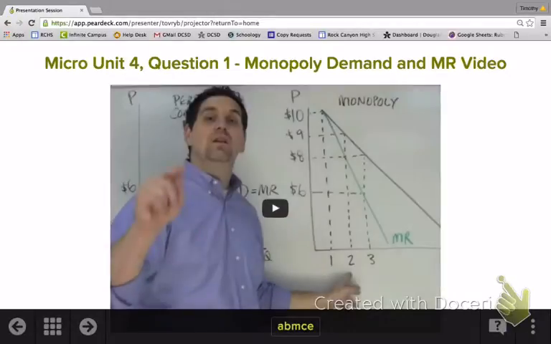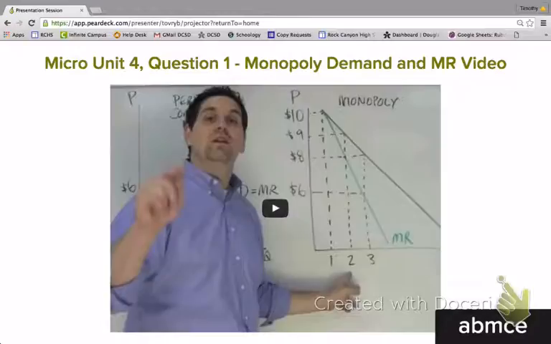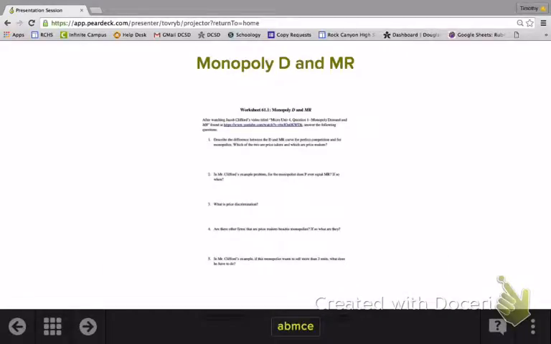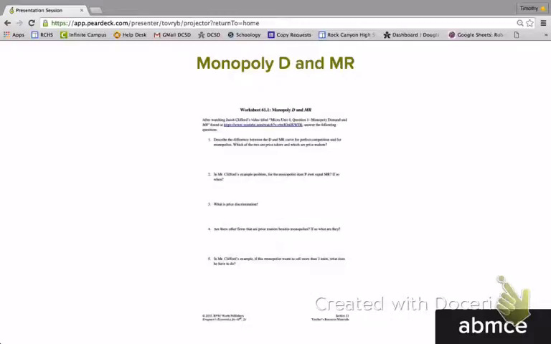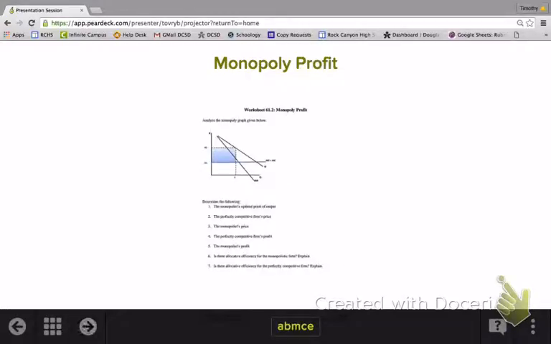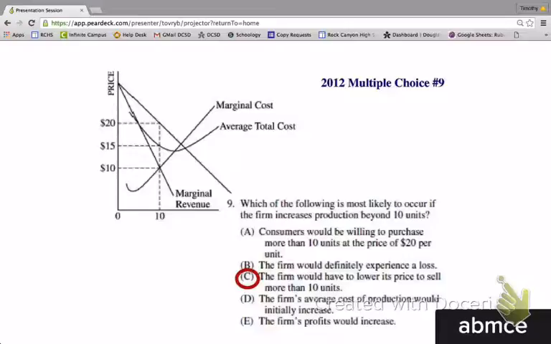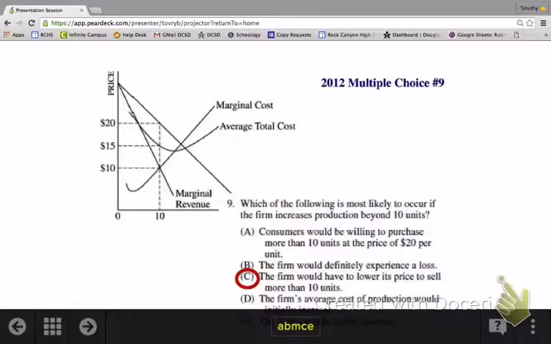Here is a practice question you can do with Mr. Clifford. It's micro unit 4, question number 1, monopoly demand and marginal revenue. Here's an activity we'll do in class on monopoly demand and marginal revenue. Here's an activity on monopoly profit. Here's a question, number 9, from the 2012 multiple choice section of the exam that you may wish to see if you can answer it.